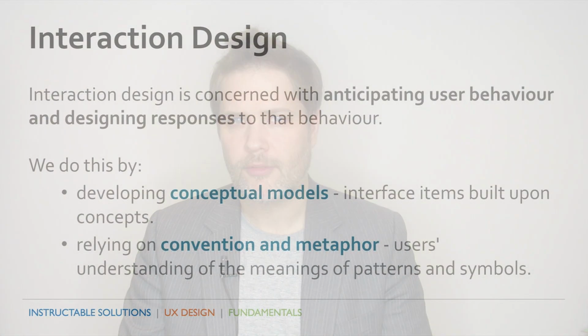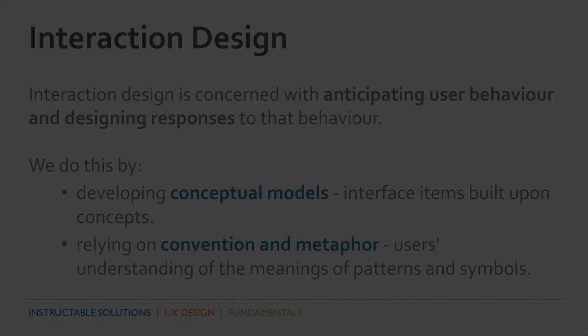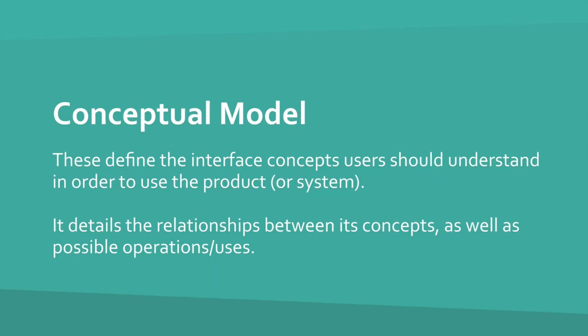If someone has experienced a specific interaction before on a repeatable basis, and other users have had the same experiences, that becomes an accepted convention, a way that will remove the need for learning. Another element that removes the need for learning is metaphor. Metaphor we'll talk about in just a few more slides. First, let's talk about the conceptual model.